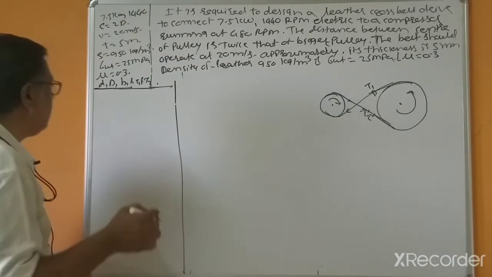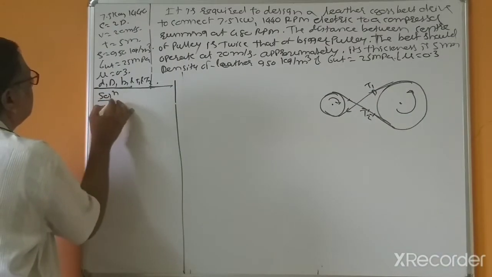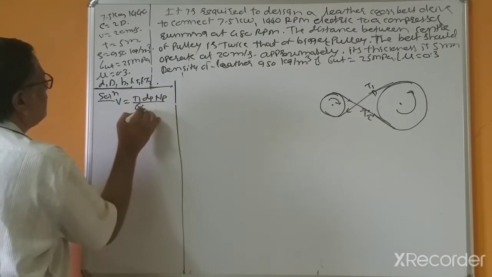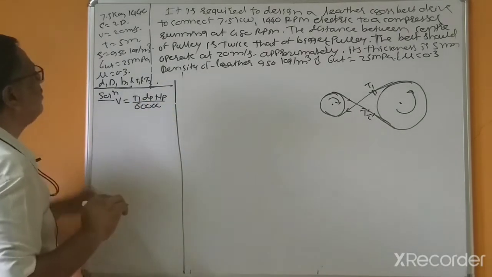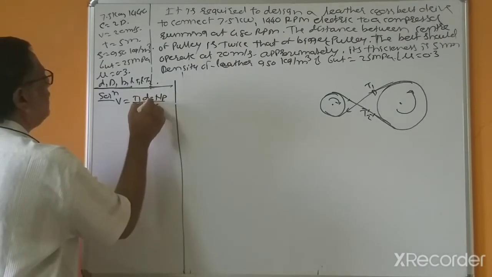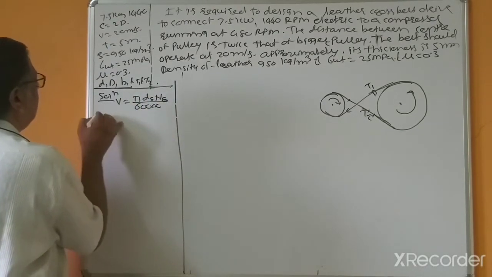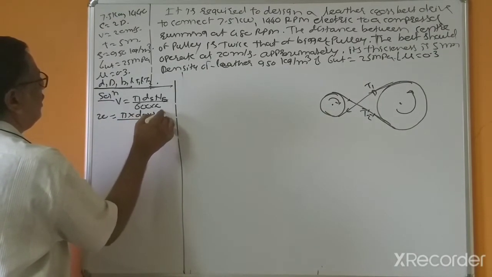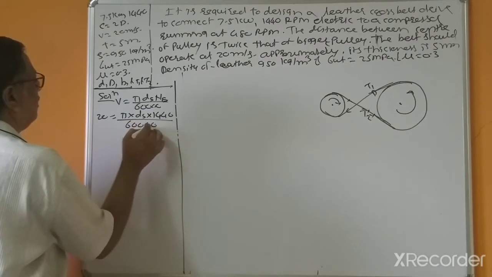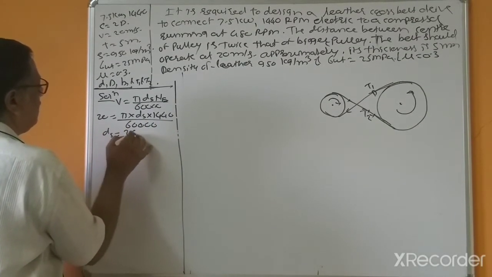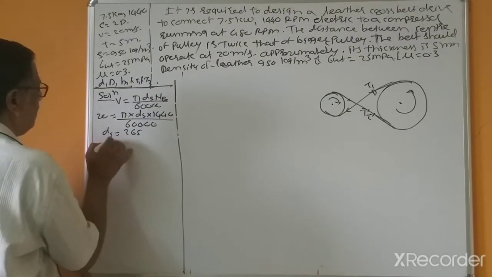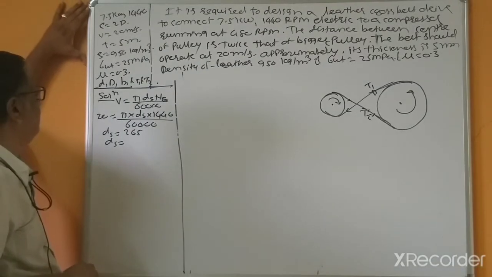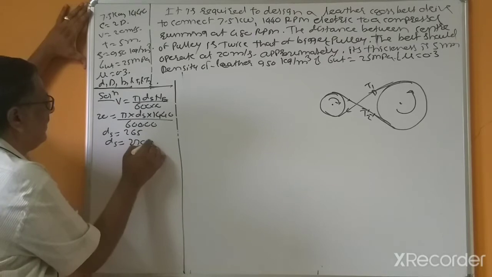So first, by using the relation, V equal to pi dp np divided by 60,000, where dp means diameter of the smaller pulley, 20 equals pi into 1440. ds equal to 265 point something, so that's why this is 270 mm.